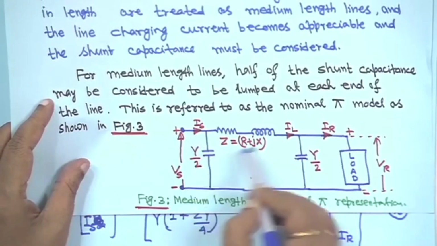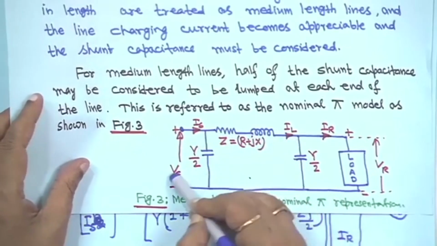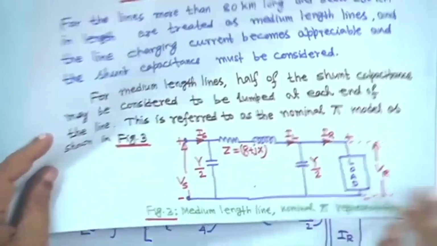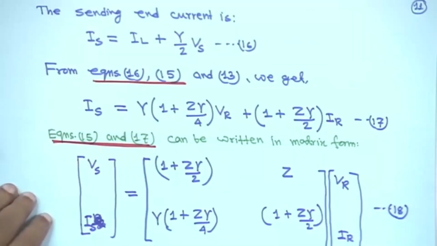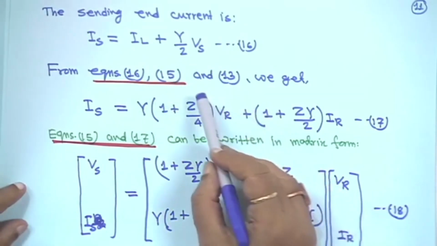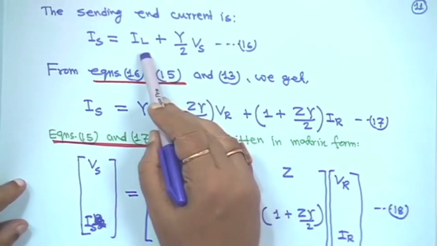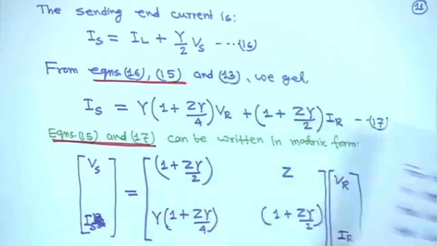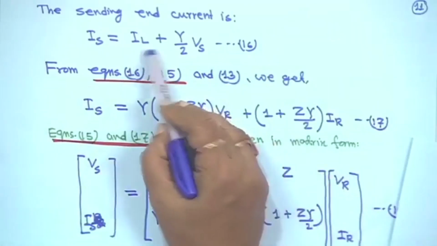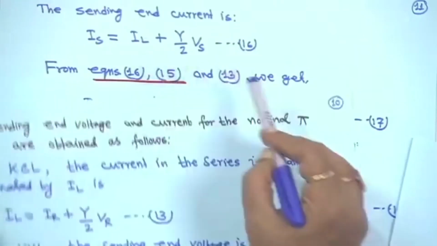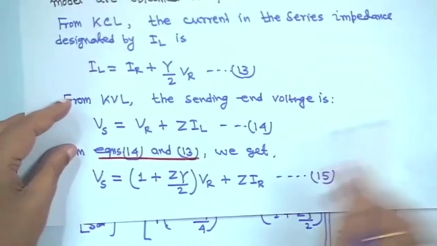This is Is, this branch current IL plus Y by 2 into Vs, the shunt admittance into the voltage Vs. So you get Is is equal to IL plus Y by 2 Vs. Now, equation 16 is a function of IL and Vs, so you substitute IL from equation 13 and Vs from equation 15 into it.